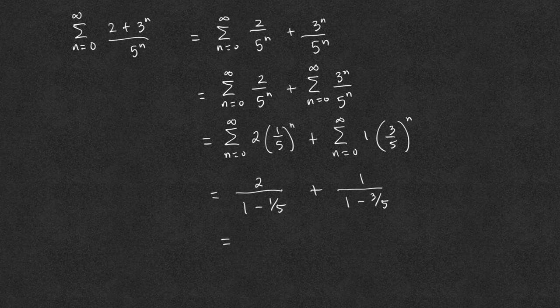Simplifying this, we have 2 over 1 minus 1/5, which is 4/5, and for the second term, 1 over 1 minus 3/5 is 2/5. This is 2 times 5 over 4, which is 5 over 2. And the second one is also 5 over 2 because of the reciprocal. So the answer is 10 over 2, or simply 5.